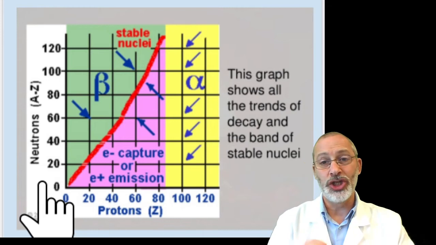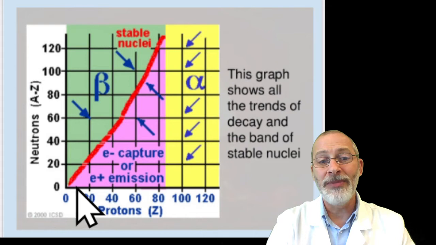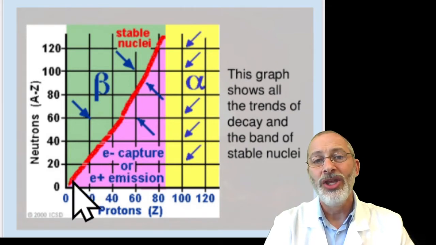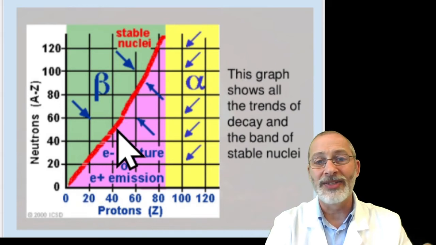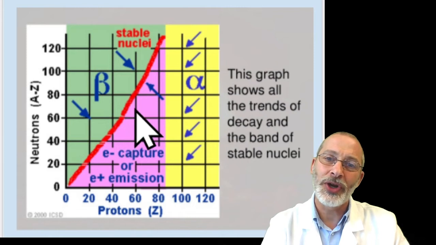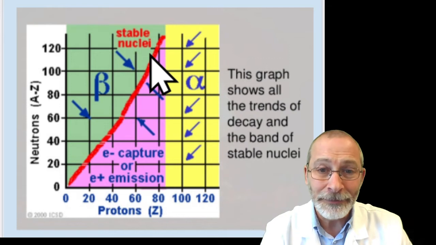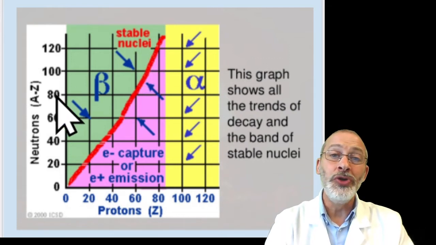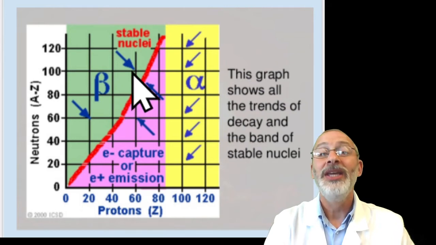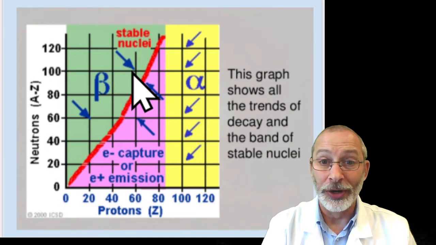Generally speaking, if you have the same number of protons and neutrons to a point, you've got a stable nuclei and it's not going to fall apart. But there comes a point, and you'll notice the curve here starts to increase a little bit more, meaning the more neutrons that you have compared to the number of protons, well, instability begins to occur.